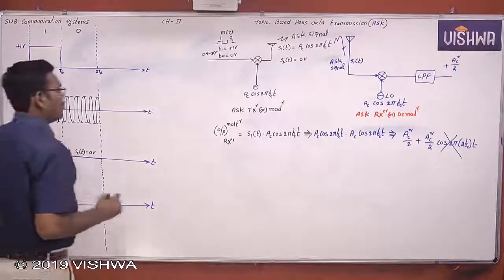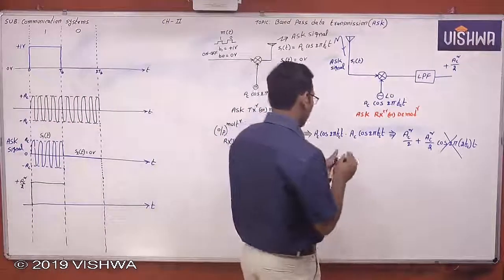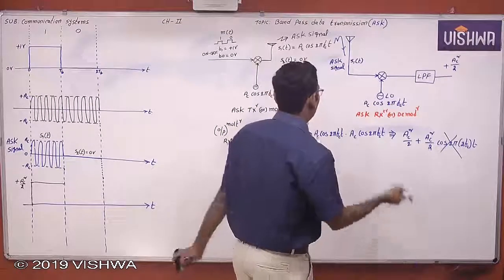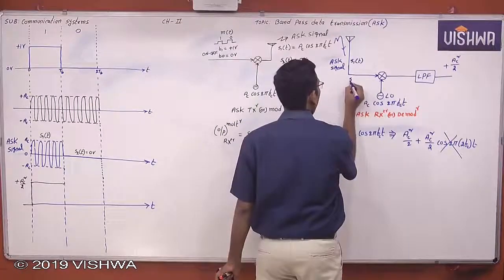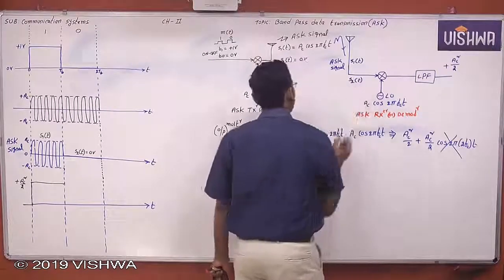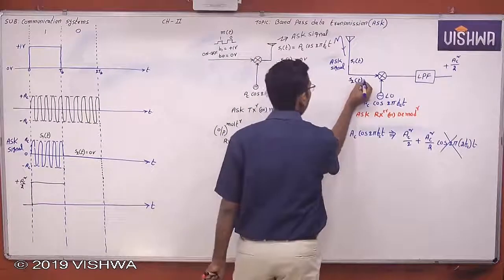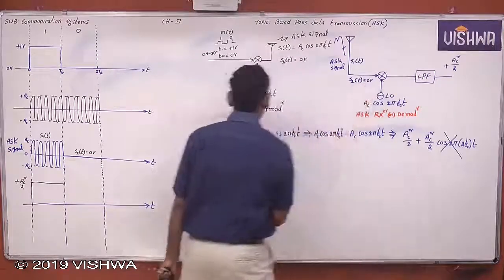Now for S2 of t, what is S2 of t? S2 of t is nothing but 0 volts.